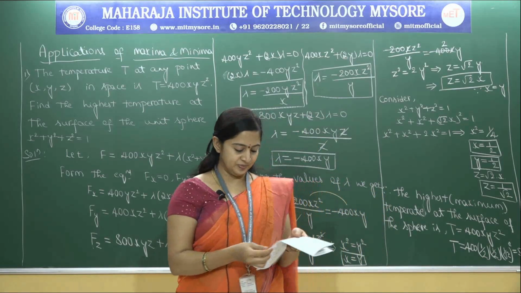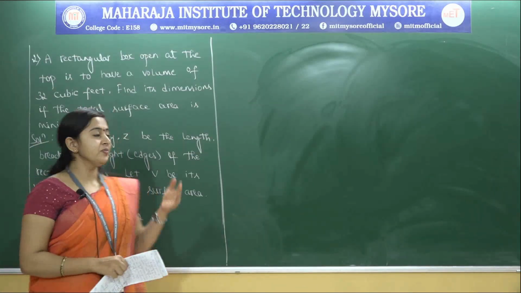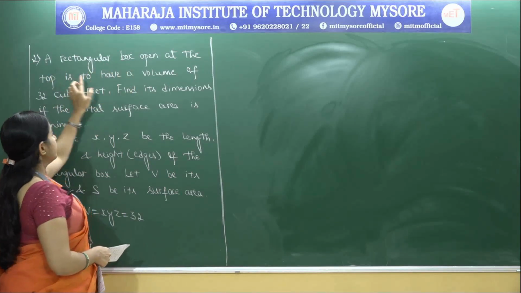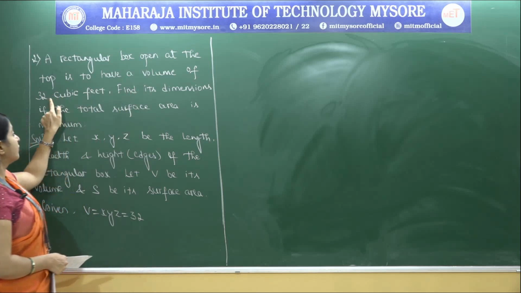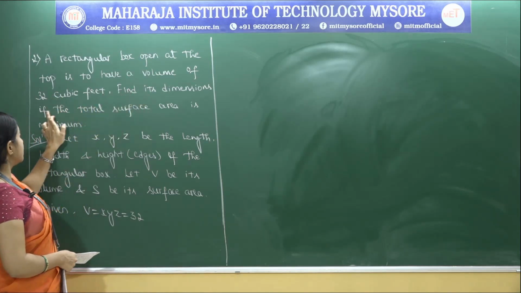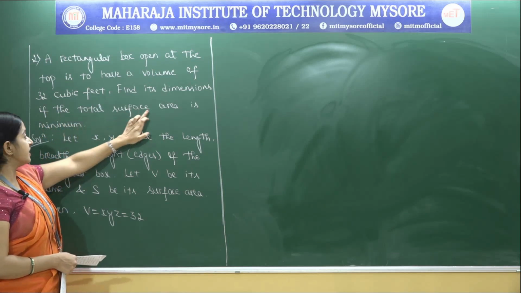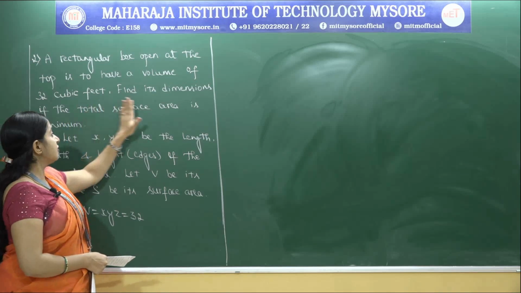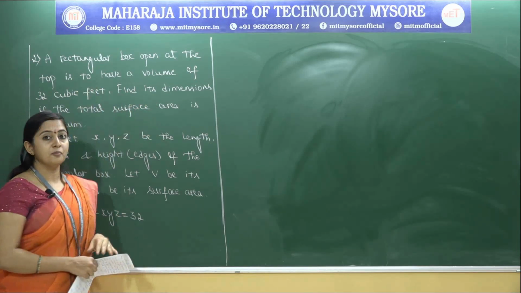Next problem. Here a rectangular box open at the top is to have a volume of 32 cubic feet. Then find its dimensions if the total surface area is minimum. So you have to find the minimum total surface area of the rectangular box.